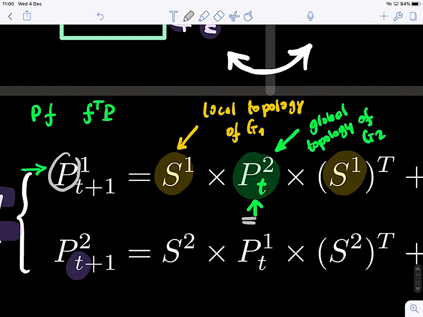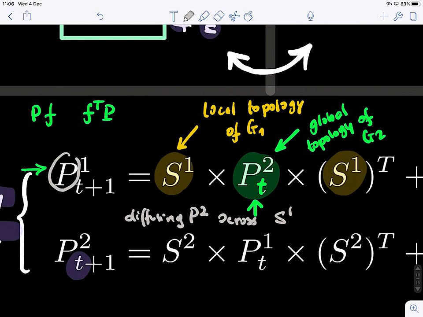So we are diffusing P2 across S1, okay? And on the other hand, we also have the status matrix P2 of the second data set.